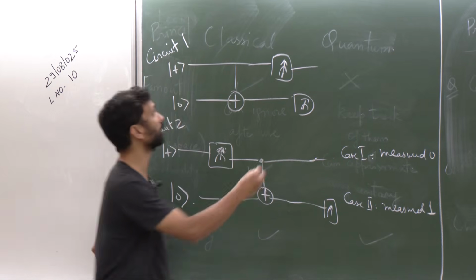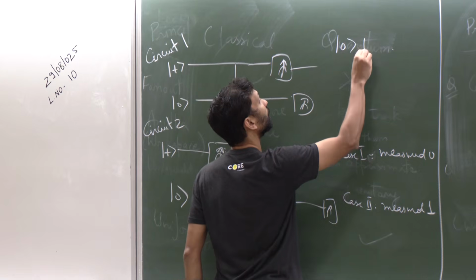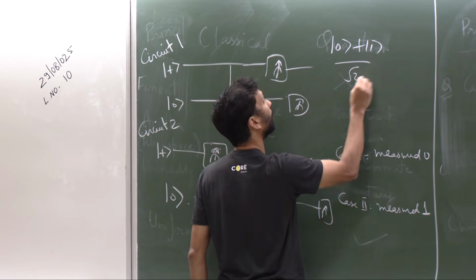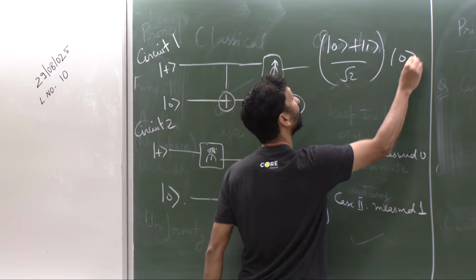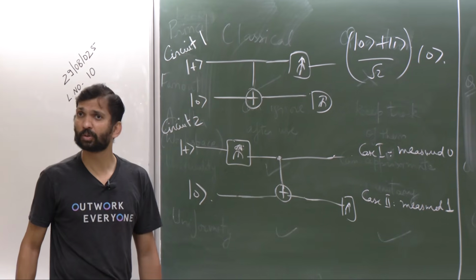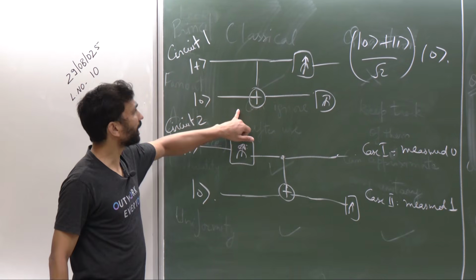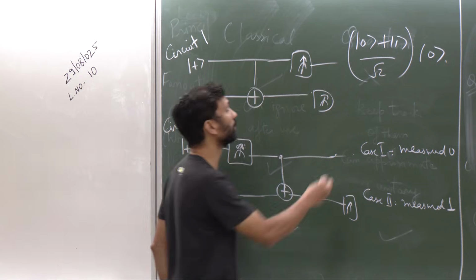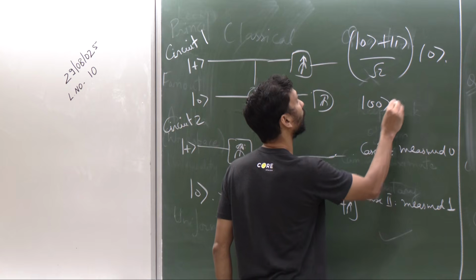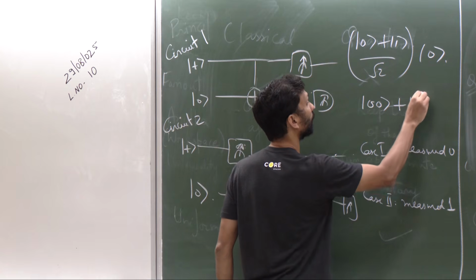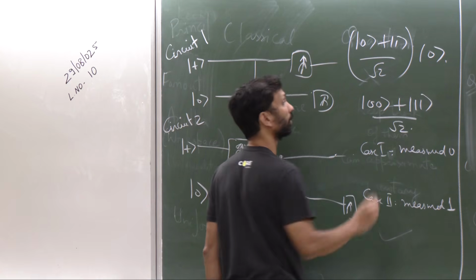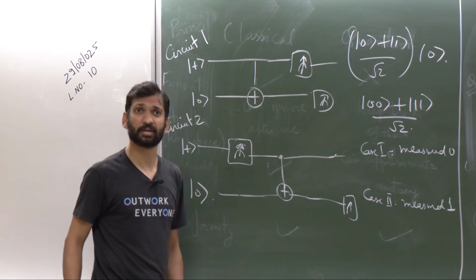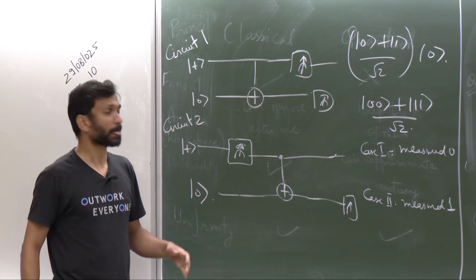I start with a state times 0. Okay. When I apply the C0, I get this state, right?